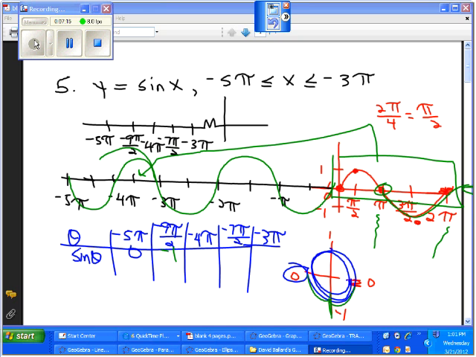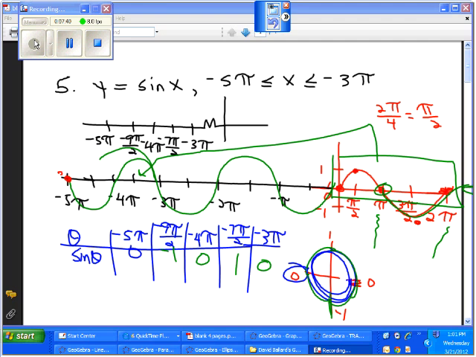See what I'm doing? Back up, 0. Back up, 1. Back up, 0. So there's my values.